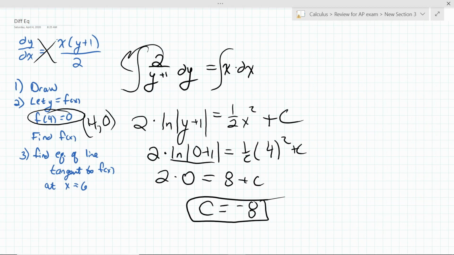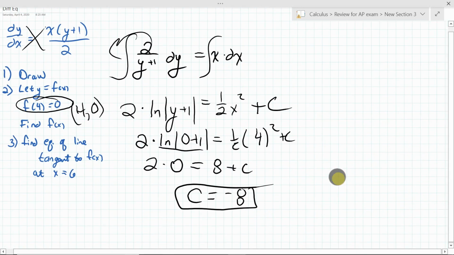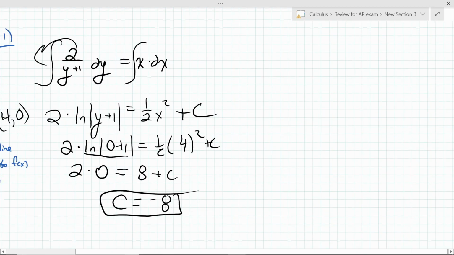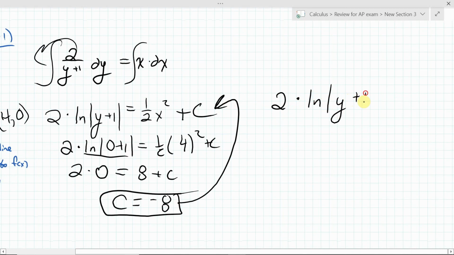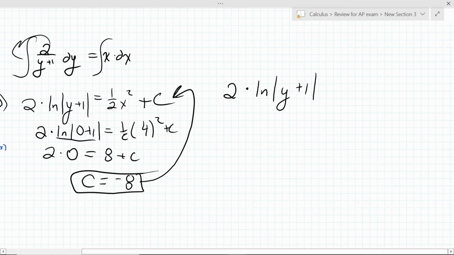Okay, and now I would go back to this equation. I now know what c is here, and then I can start manipulating it, because my goal now, I have found the particular solution. I found the specific point basically for the shift here, and I'm now going to solve this for y. And so we could divide everything by 2.